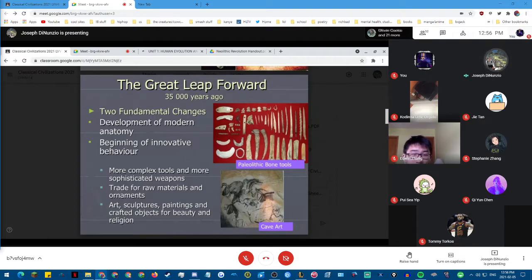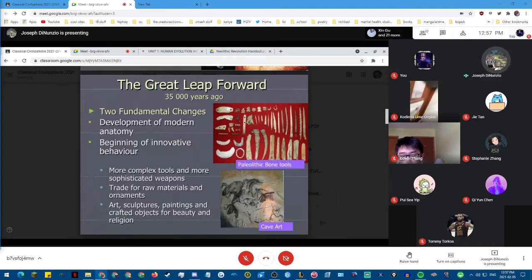Good. Now the date here can change. Sometimes you'll get 35,000. In many books, you'll get 40,000 as the magic number. This is considered the Great Leap Forward. And remember these two important changes in human behavior, which is the beginning of innovative or new advanced behavior and technologies, and also the development of modern anatomy takes place around this time, 40,000 years ago.